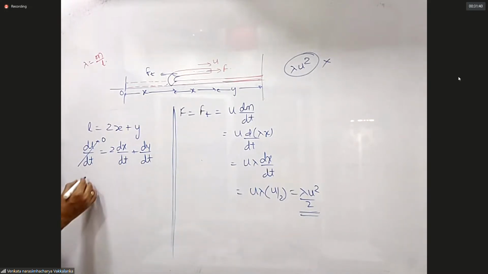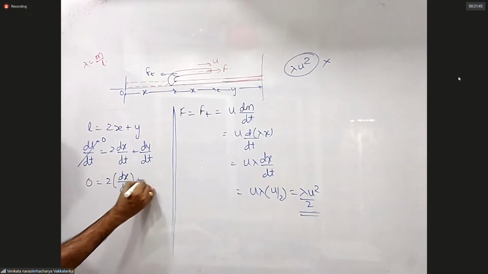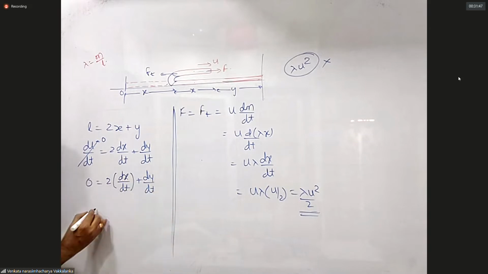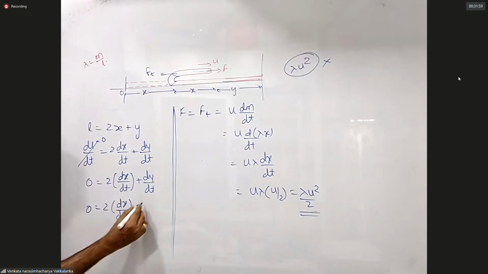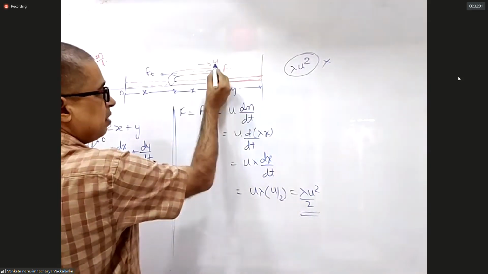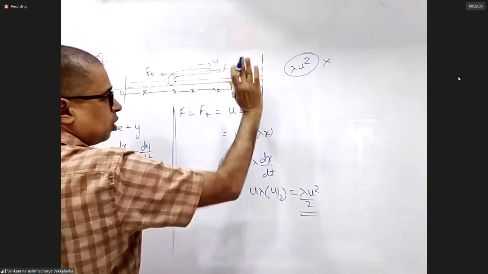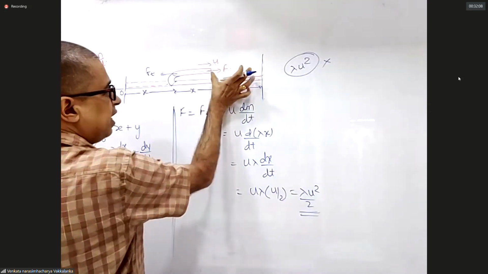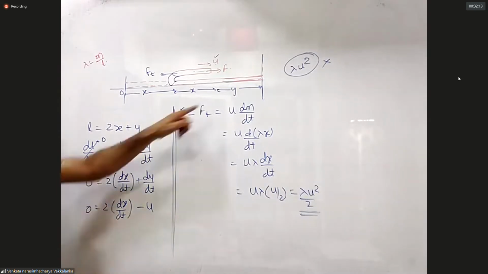Constant. 0 is equal to 2 times dx by dt plus dy by dt. 0 is equal to 2 dx by dt. dy by dt will be u because this end is fixed. The carpet is not moving. So the rate at which this is decreasing will be velocity, but with a negative sign because y is decreasing.